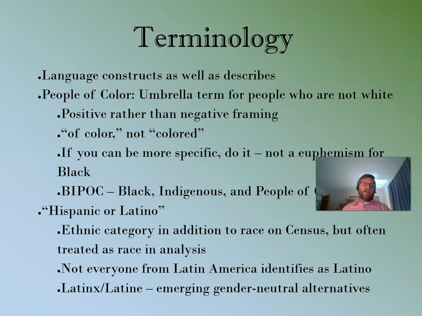And if you say yes, then they ask you to be more specific, like are you Mexican, are you Puerto Rican, etc. That's how it's set up in the census and how that data is collected.